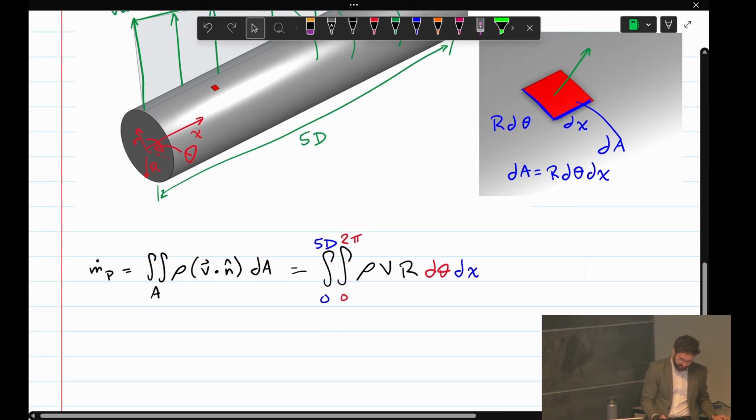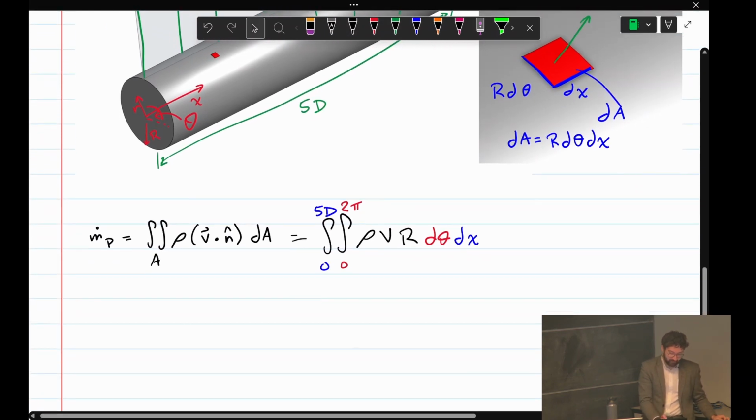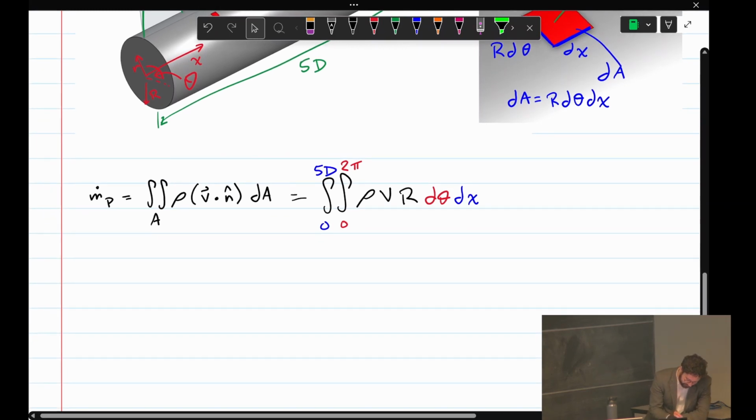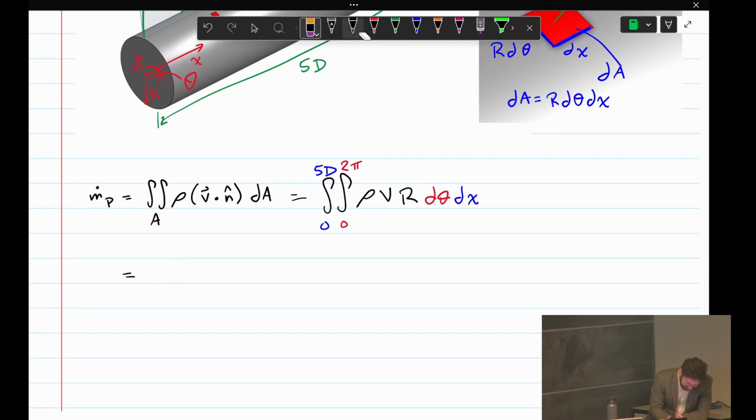We're integrating a function here, v. We can pull out rho and R here because they're constant with respect to both x and theta. So we have rho R, integral of 0 to 5d, integral 0 to 2 pi.